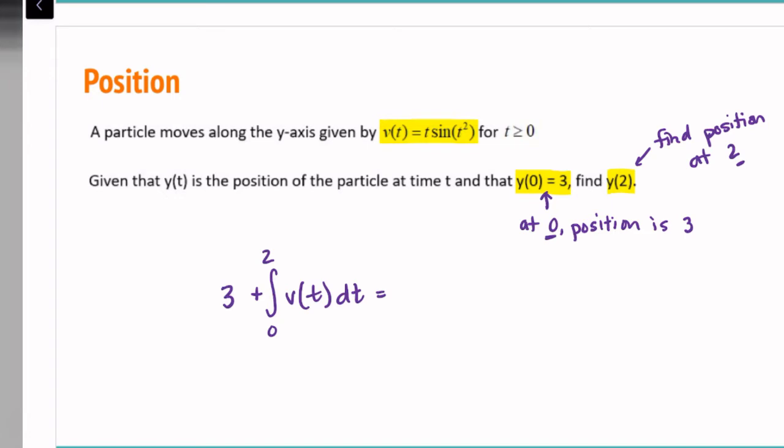So I'm going to do 3 plus, now I have to do math 9, the integral from 0 to 2 of x sine of x squared dx. And that is going to give me 3.0697, which, rounding to 3 decimal places, I'm going to say 3.070. So that will give me my final position.